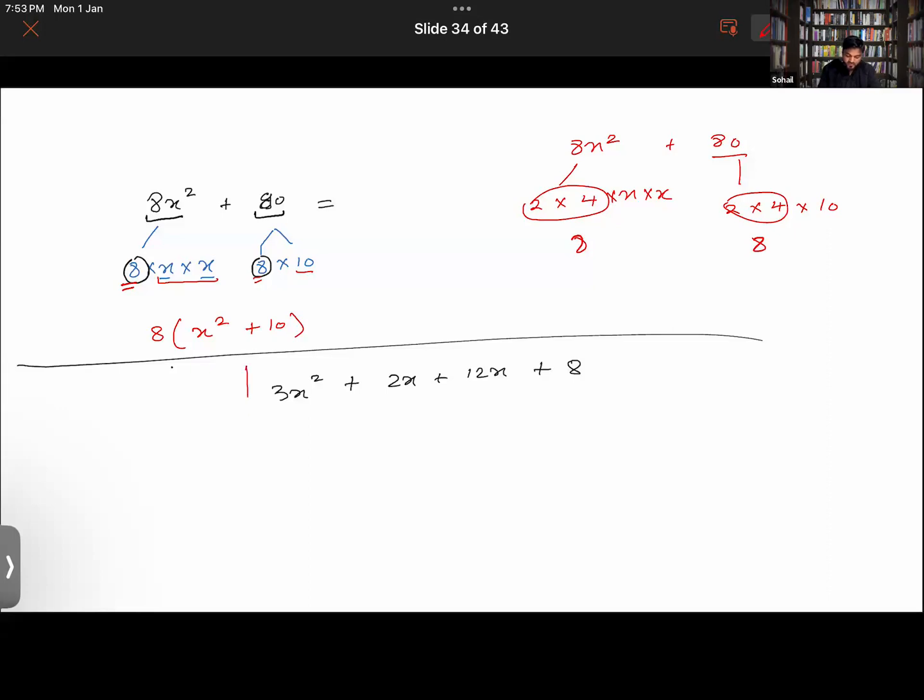Okay, now there was one more method I had told you guys. That was the regrouping method. So solve this one also. How would we solve this one quickly? These are the things we have already discussed, but I thought let's check whether you guys remember that or not.